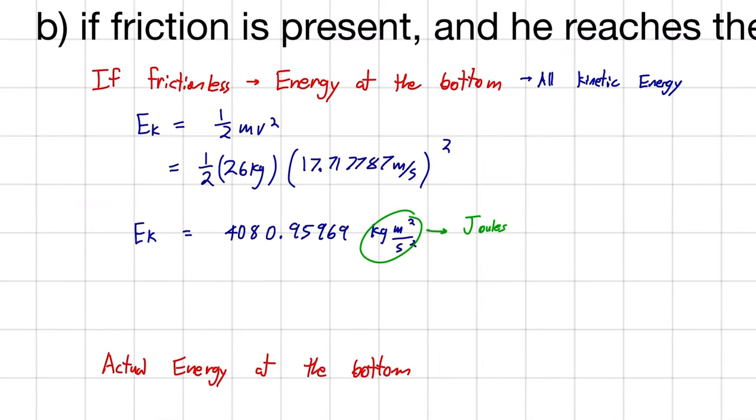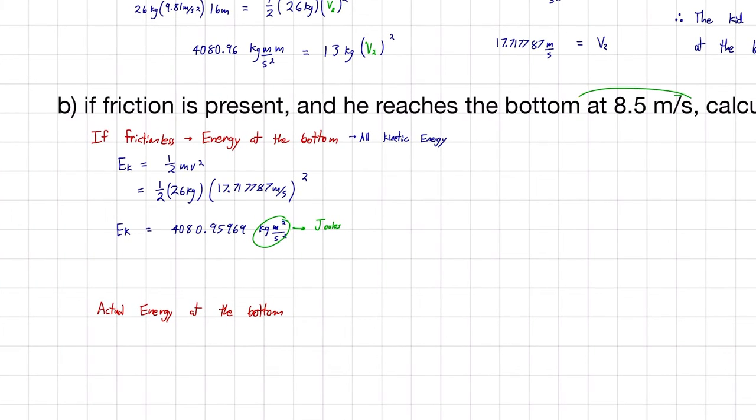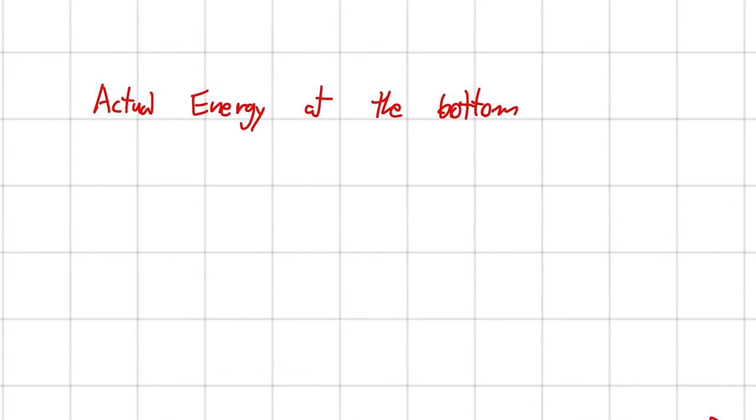It's all kinetic if it were frictionless. Now let's calculate what's the actual energy that the kid has at the bottom given his actual speed. So EK is equal to 1/2 mv squared. Now here we're going to be plugging in the same mass.